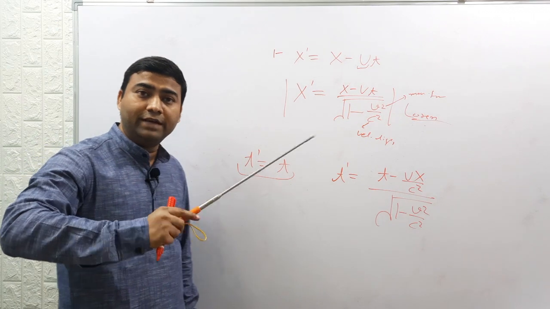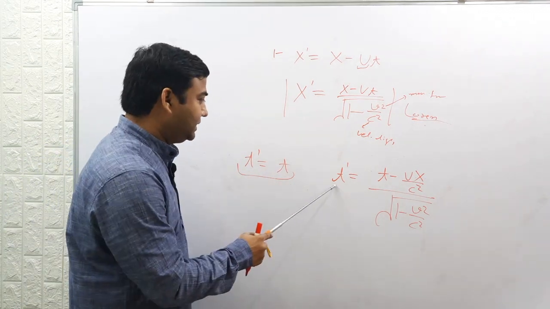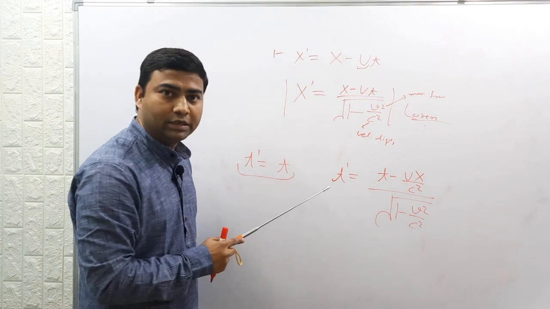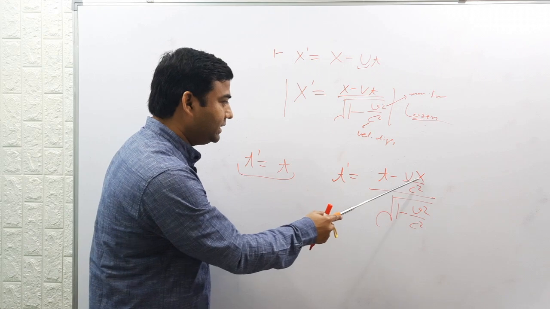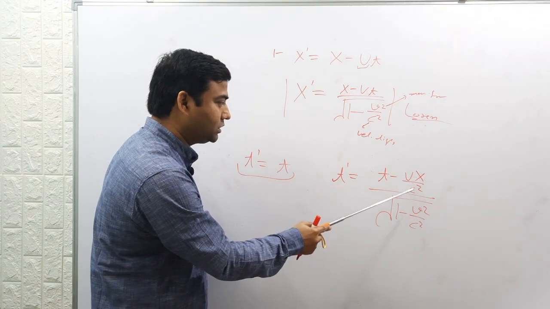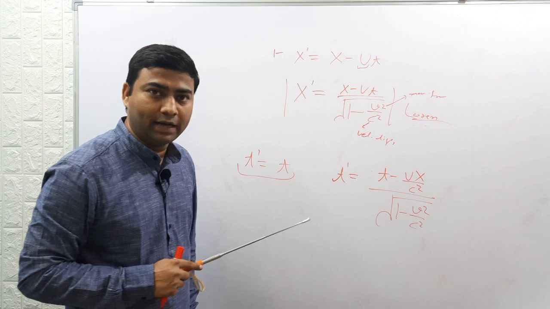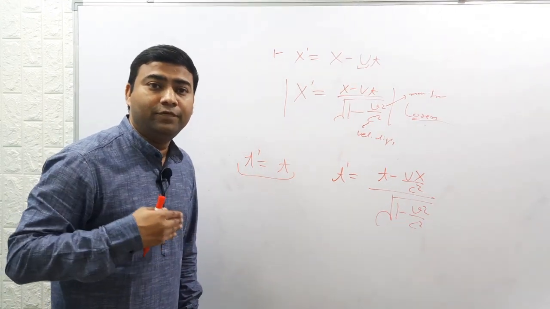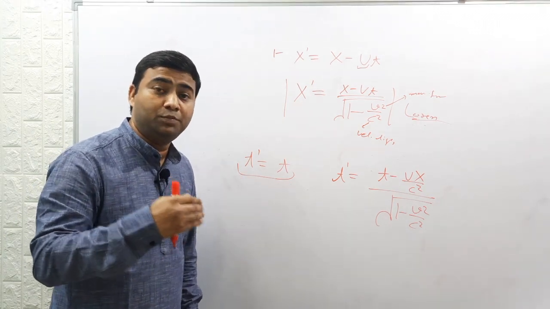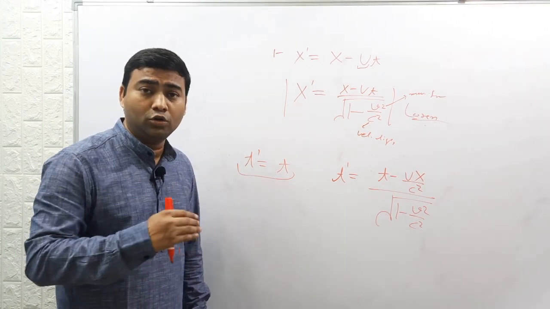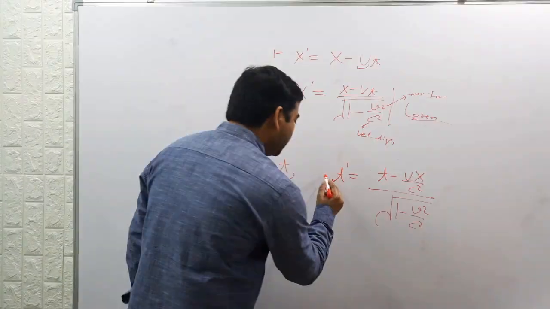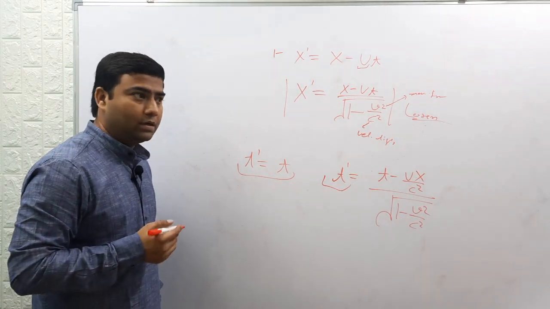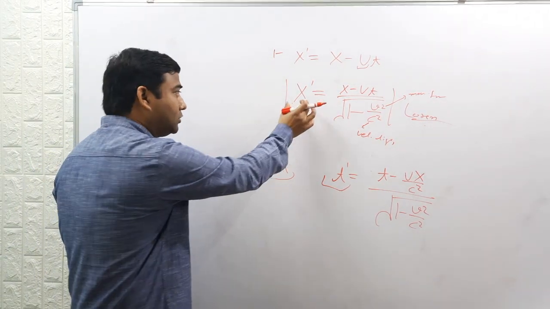Time in both frames also changes. t dash in the moving frame is equal to t in the stationary frame minus vx divided by c square, where v is the velocity of the moving frame and c is the velocity of light. So time also changes in a frame moving with speed close to light. This phenomenon of time change is called time dilation.